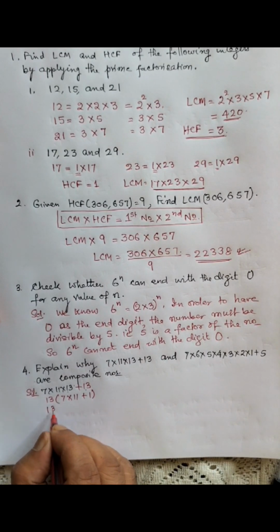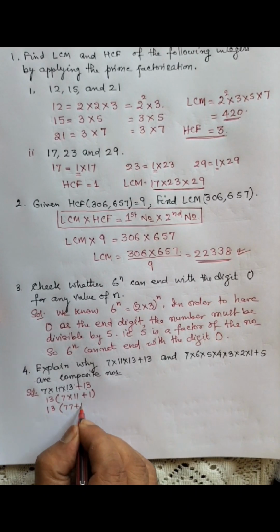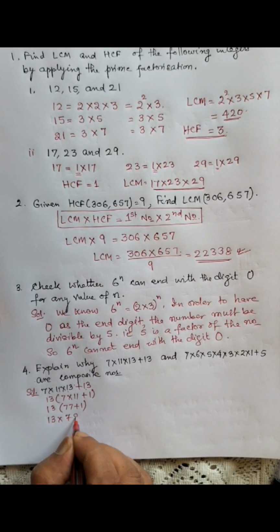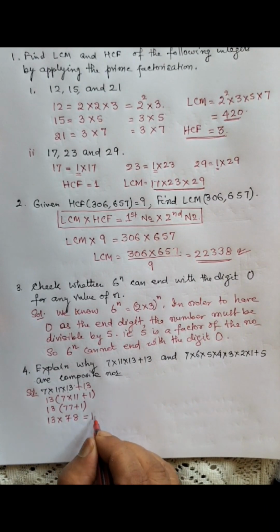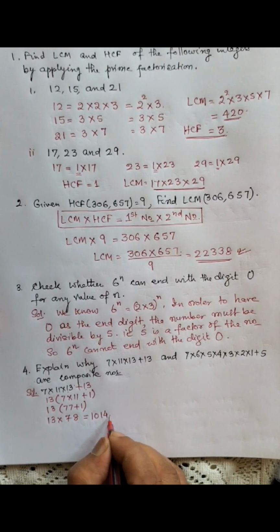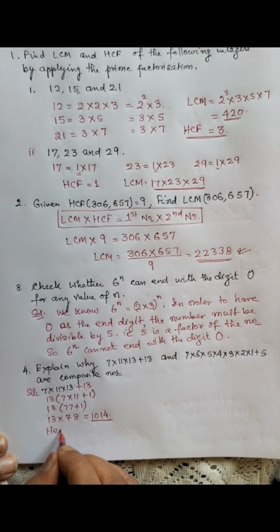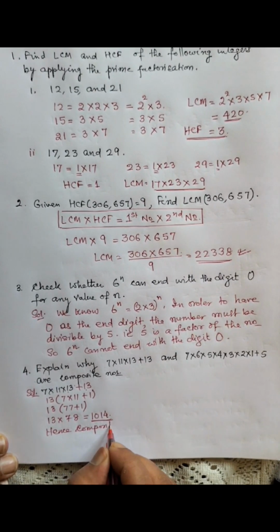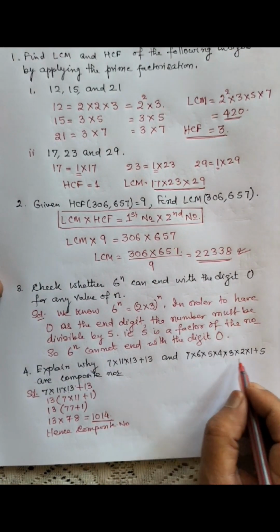So this becomes 13 multiplied by (77 plus 1), which is 13 multiplied by 78, which gives 1014. It's an even number, hence a composite number.